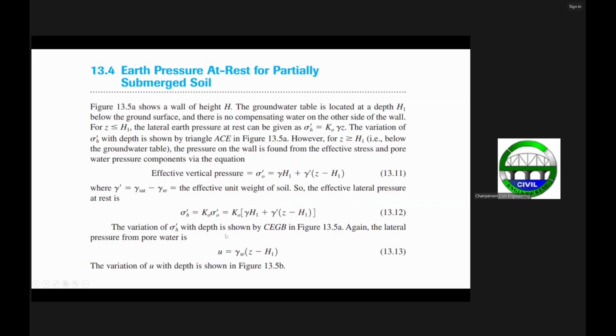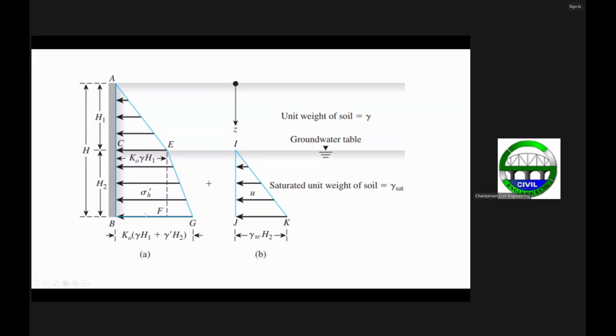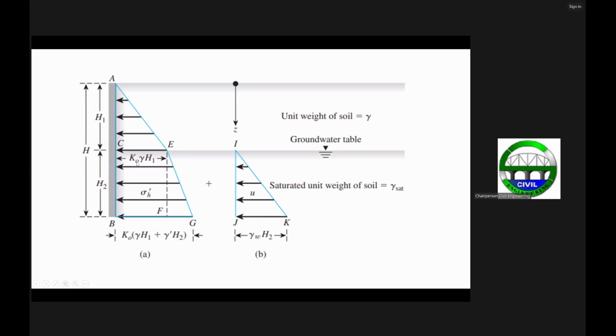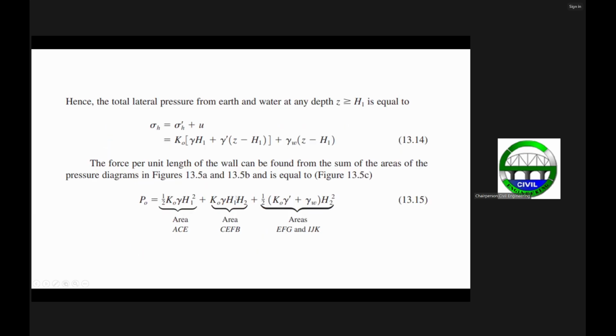Now the next one will be area CEFB, this rectangle. The area of this rectangle is K sub O gamma H1 multiplied by H sub 2. This is the horizontal pressure multiplied by the height H2.